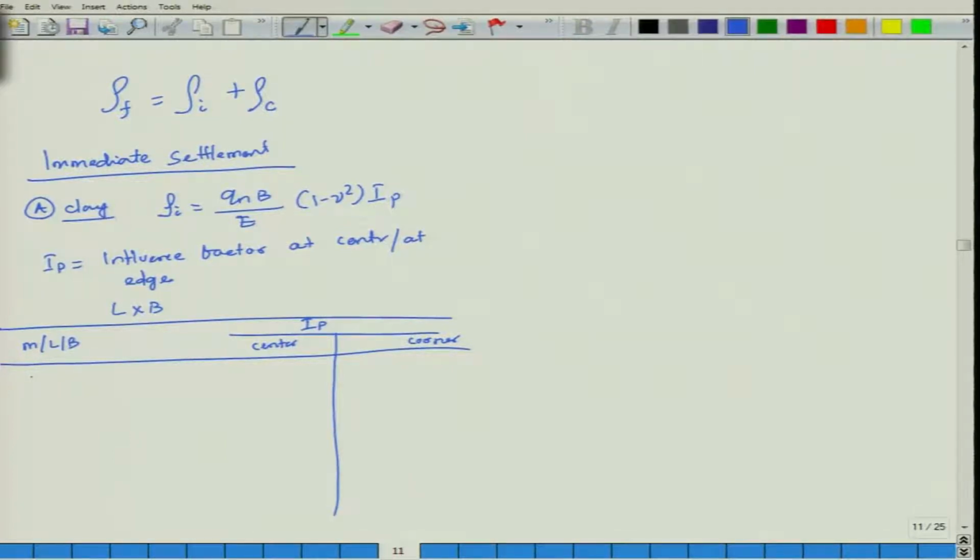I am just writing it; you can get it from any book.